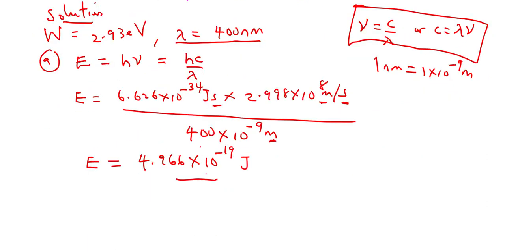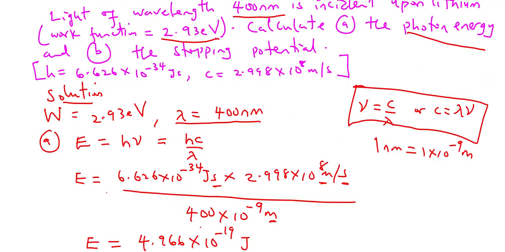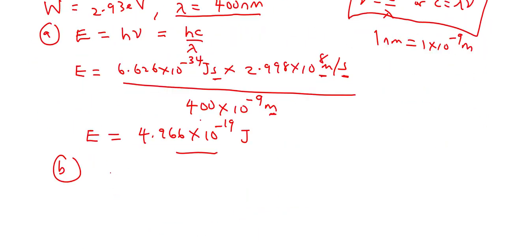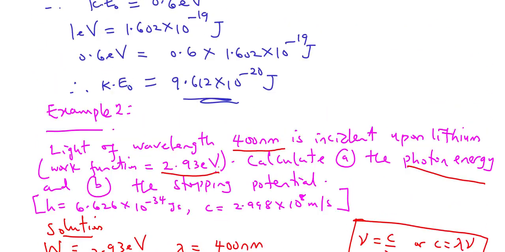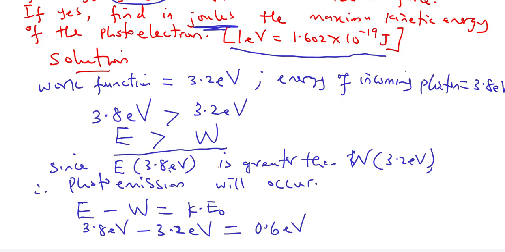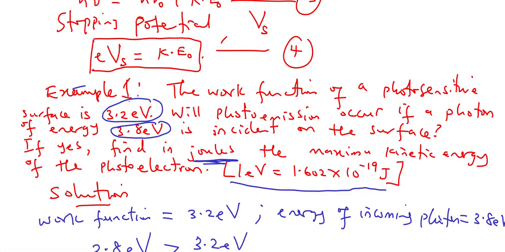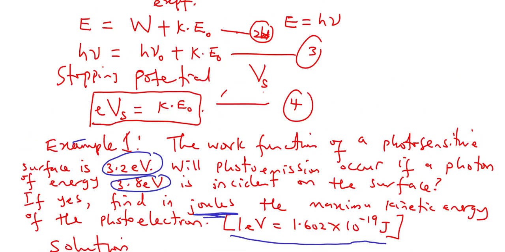Now the second part of the question says that we should calculate the stopping potential. We know that the stopping potential is related to the maximum kinetic energy of the photoelectrons, which we gave in equation 4.